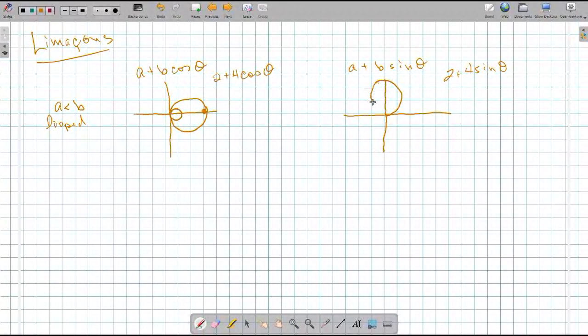And then I'll come back through at pi and then make my other loop here. 4 minus 2, or 2 units long. So if A is less than B, then I end up with a looped limaçon.